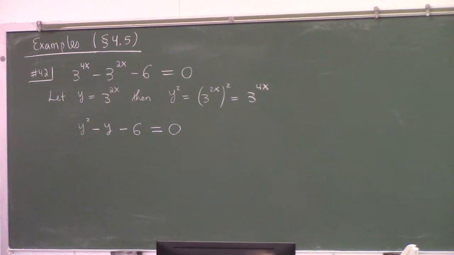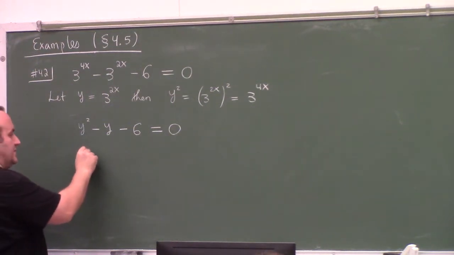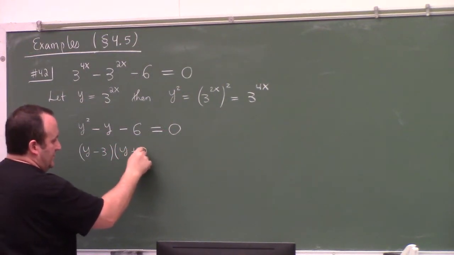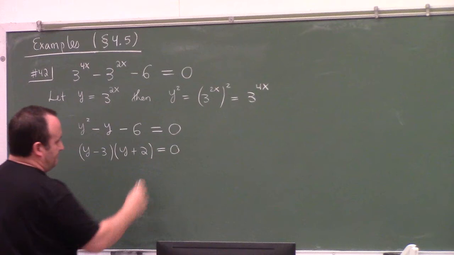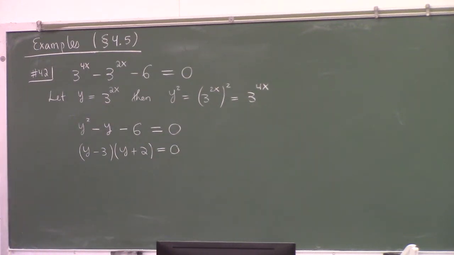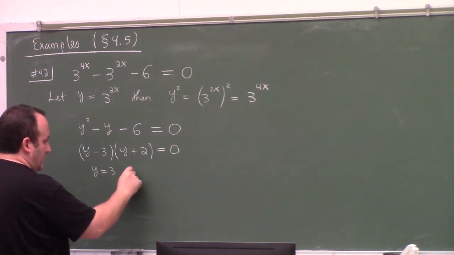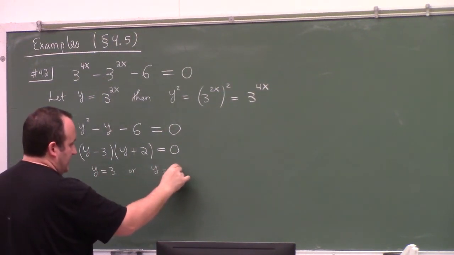And I think that one we can factor, right? This is y minus 3 times y plus 2 equal to 0. And what's that give us? Yeah, negative 2 and 3. So y equals 3 or y equals minus 2.